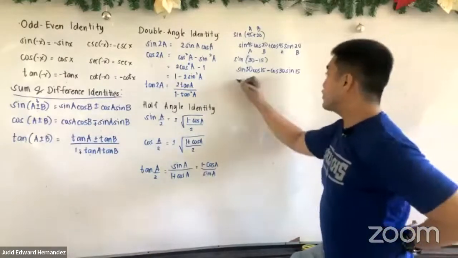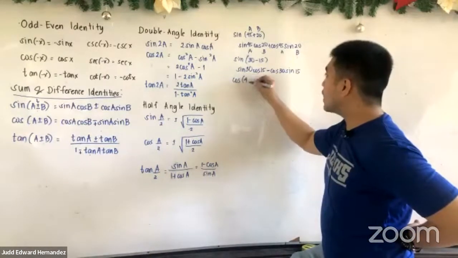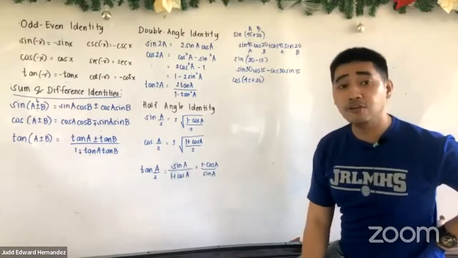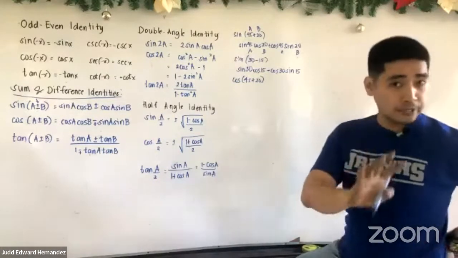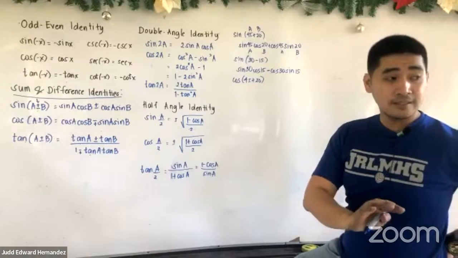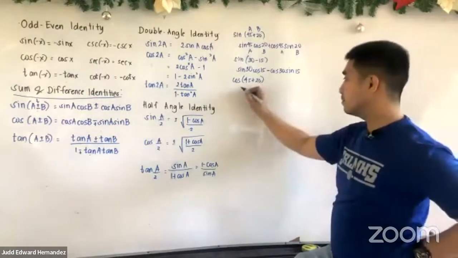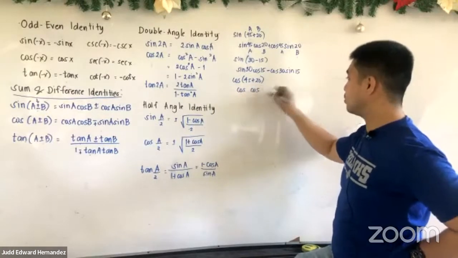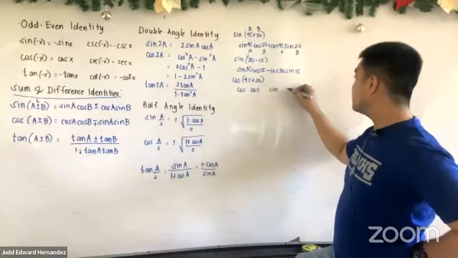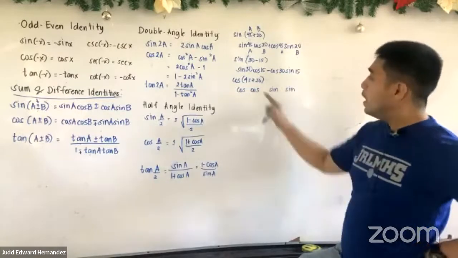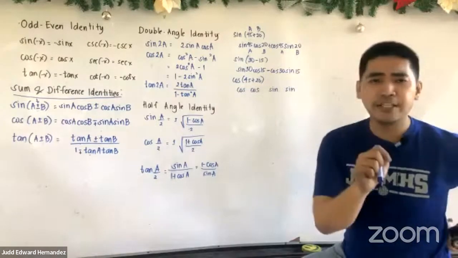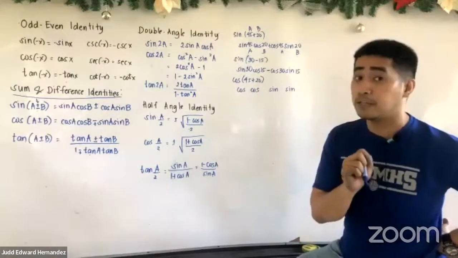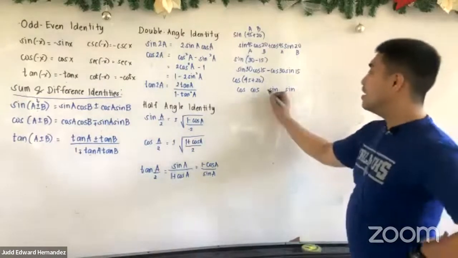Let's go to cosine. What if we're given cosine 45 plus 20? Anong sabi natin kapag cosine? Ano yung tatandaan natin? What are we going to remember? Kapag cosine? Cos, cos, sin, sin. Okay. But since this is plus and we are dealing with cosine, what happens to the sign between the two terms? It becomes minus po.